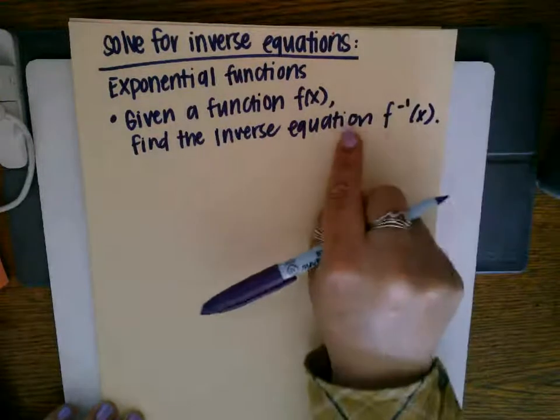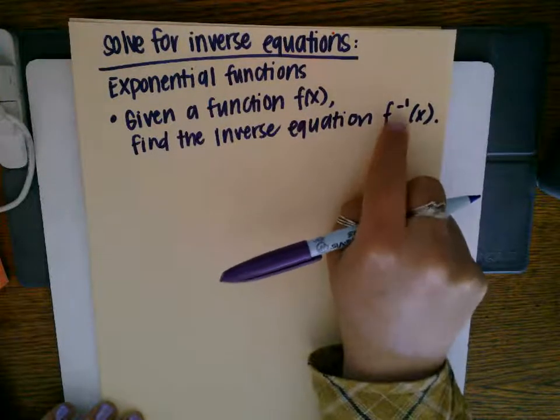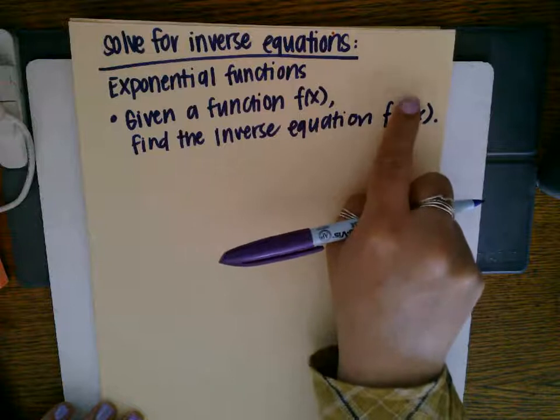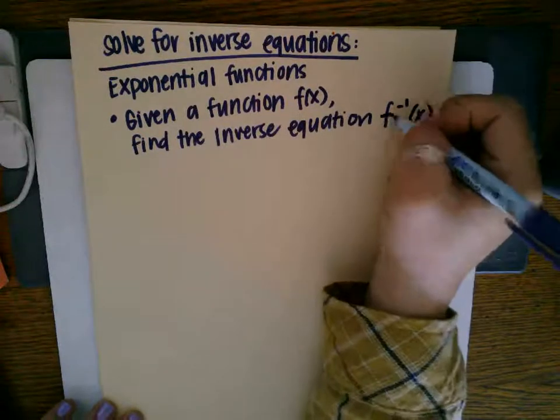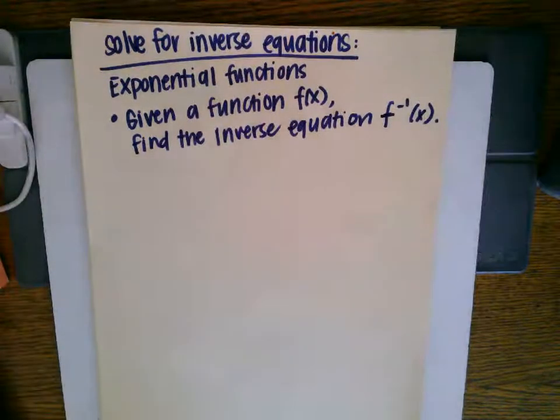Now, it's important to note that this notation means f inverse of x. This is not a negative exponent. So how are we going to solve exponential functions? How are we going to go about this? I thought you'd never ask.